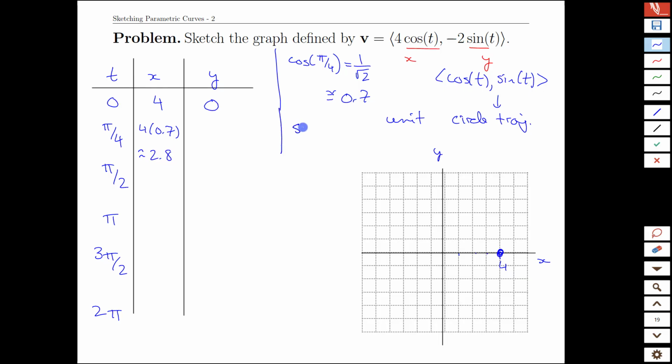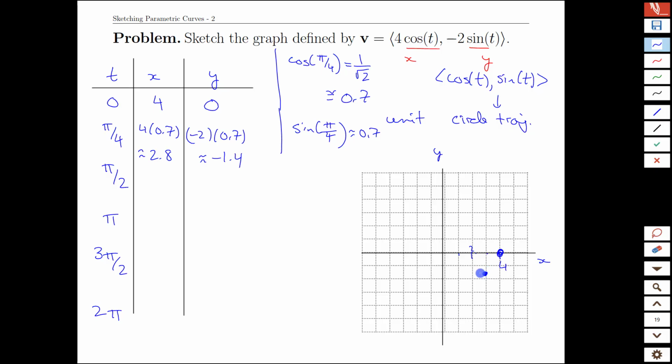Meanwhile, sine of pi over 4 is conveniently 1 over root 2 as well, and also around 0.7. So we're going to have here negative 2 times 0.7, and that's going to be around negative 1.4. So that puts our next coordinate at 2.8. It's close to 3. Here's 2. And down instead of up, and down around 1.4.